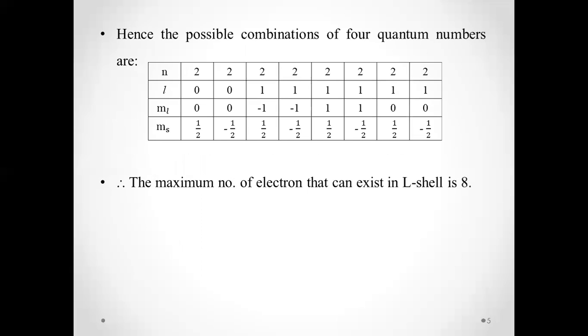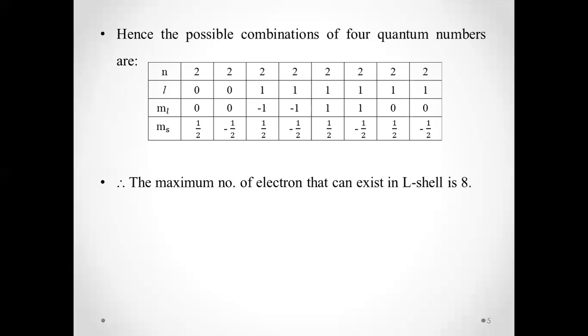Hence, the possible combinations of four quantum numbers are 2, 0, 0, plus half; 2, 0, 0, minus half; 2, 1, minus 1, plus half; 2, 1, minus 1, minus half; 2, 1, plus 1, plus half; 2, 1, plus 1, minus half; 2, 1, 0, plus half; 2, 1, 0, minus half.